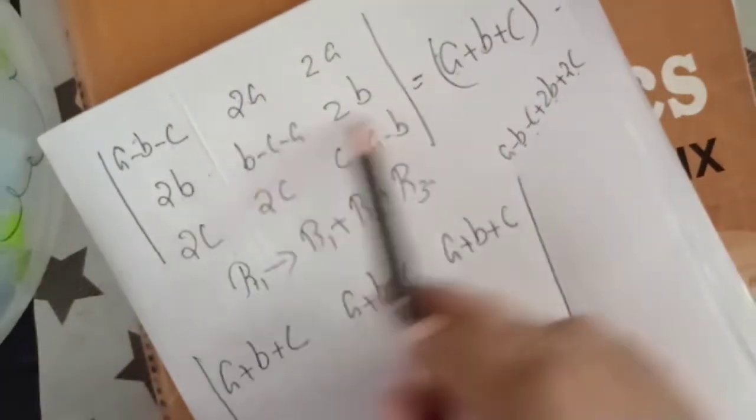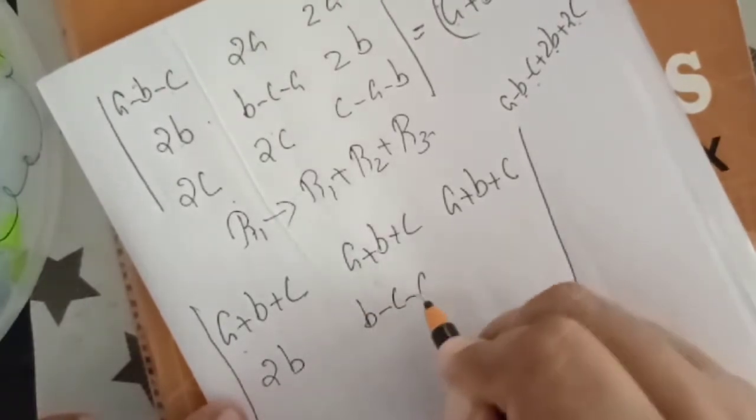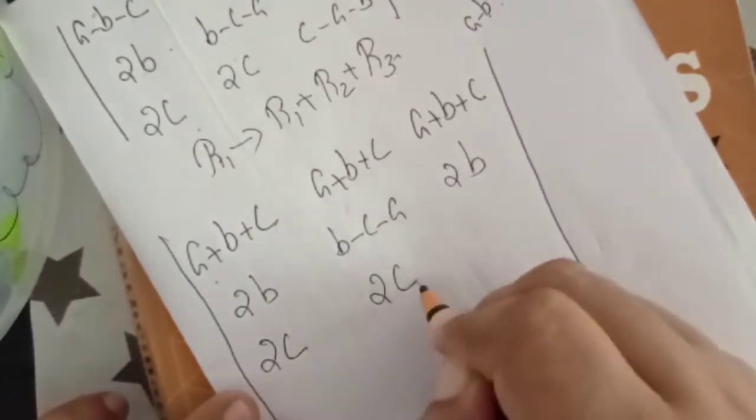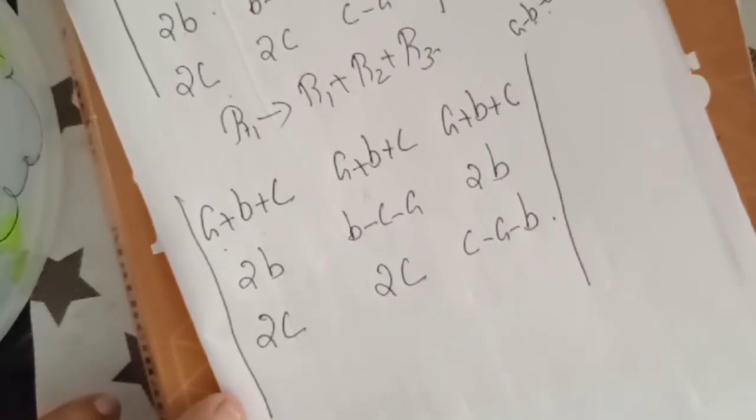Copy the second and third column same. 2B, B minus C minus A, 2B, 2C, 2C, C minus A minus B. Suggest the next step. Yes, which is common?